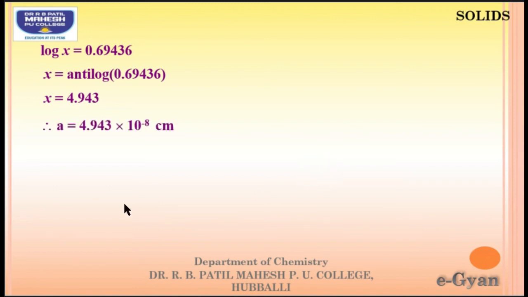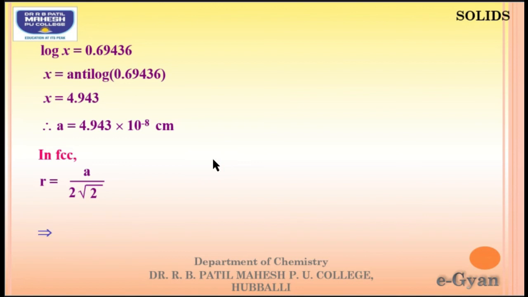In the beginning itself I told you 10 to the power of minus 24 to the power 1 by 3, that is the cube root of 10 to the power of minus 24, is 10 to the power of minus 8. And I have calculated for 121.12, that is 4.943. So a value is equal to 4.943 into 10 to the power of minus 8 centimeter. Now I have to go for the calculation of radius. In FCC, r is equal to a by 2 into square root of 2, because a is equal to 2 into square root of 2 into r.